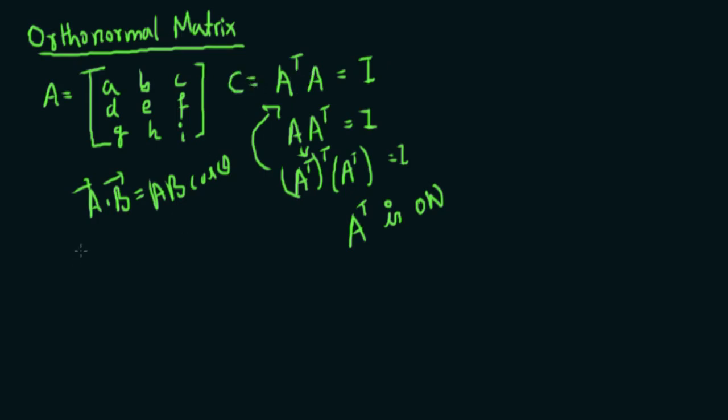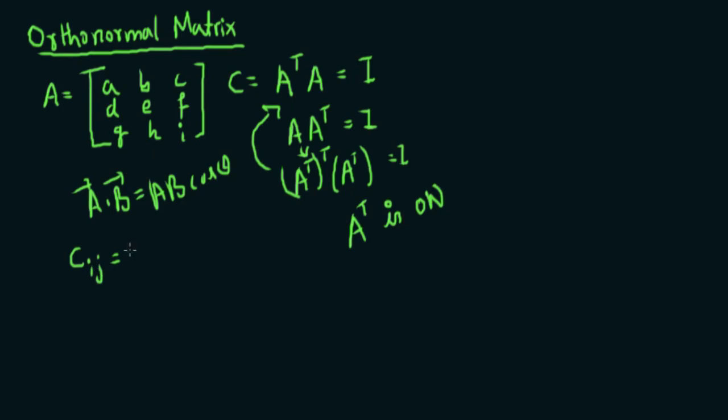Now let's see Cij. Okay, Cij is basically when you multiply this A transpose with A and take the entry corresponding to the ith row and jth column. Okay, let's see what Cij would be.